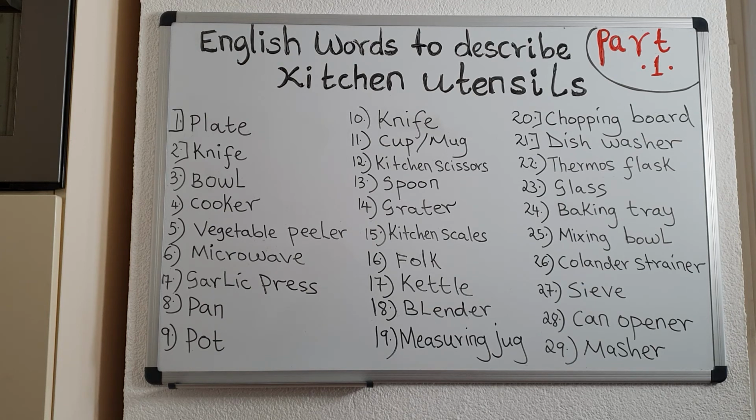The next word is a glass. Glass. Now, we use a glass to drink water. Okay? We use a glass to drink water, or to drink juice, or to drink beer. Okay?